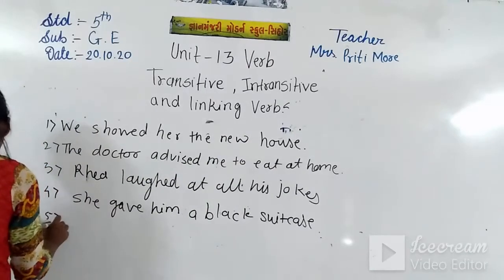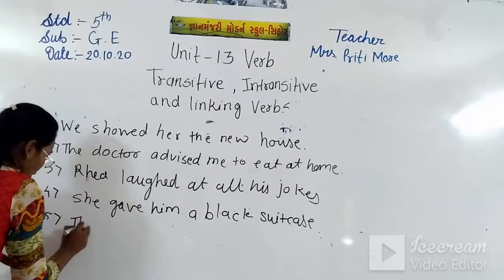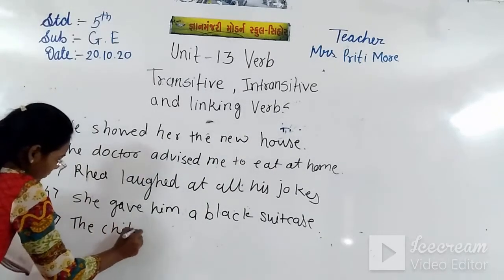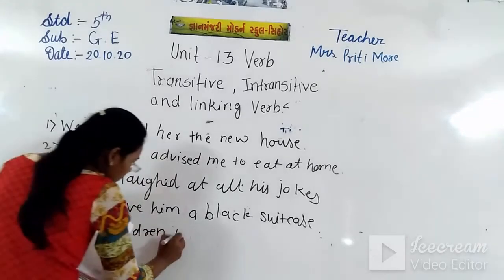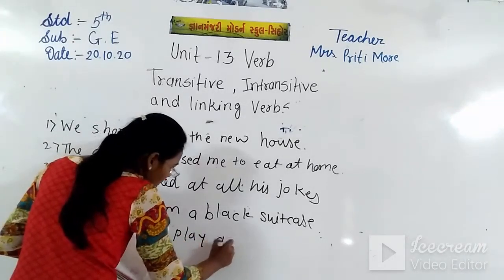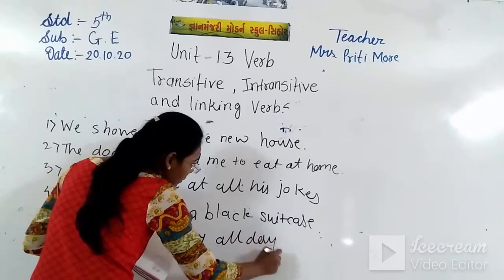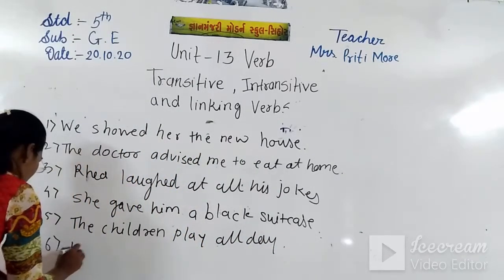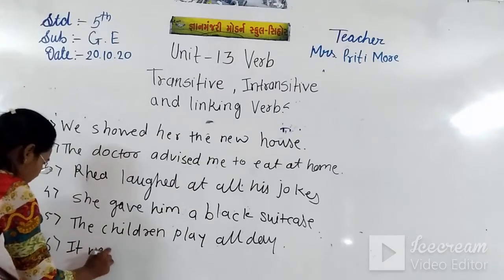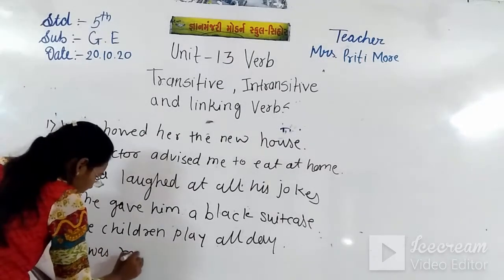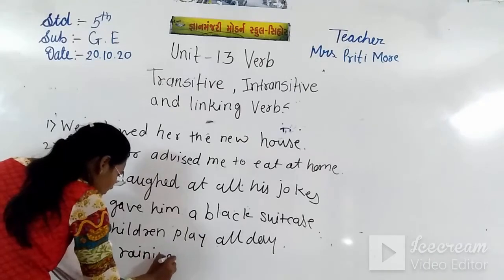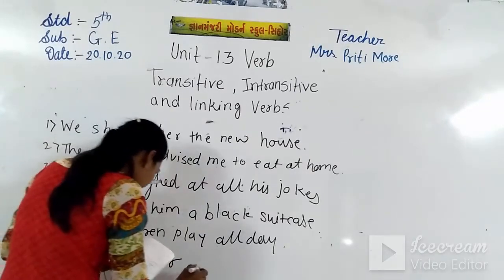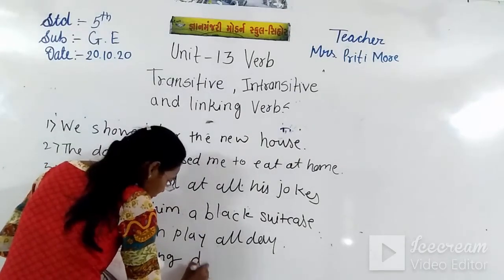Fifth number, the children play all day. Sixth number, it was raining during the match.